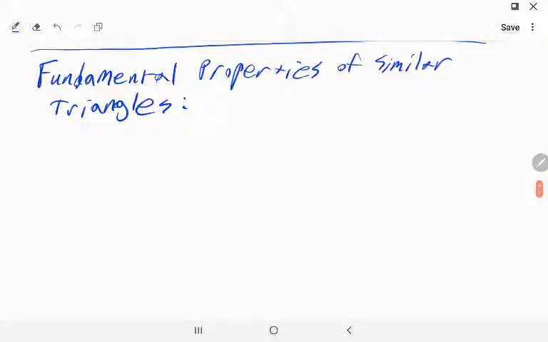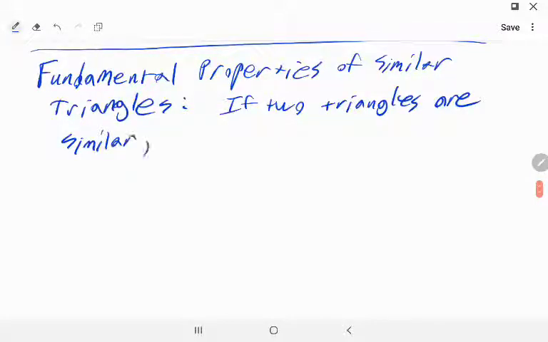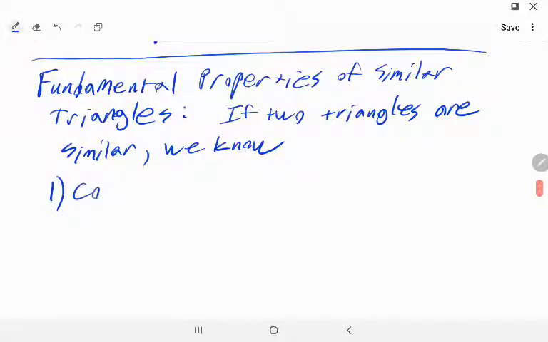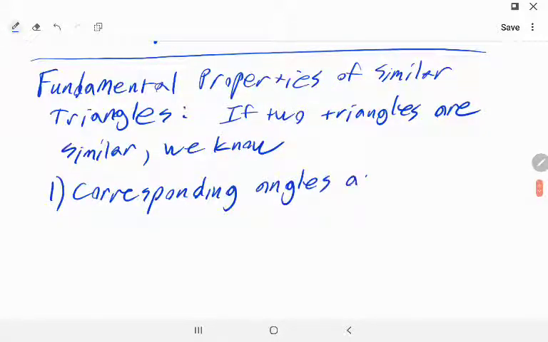If two triangles are similar, we know that one, corresponding angles are equal. Two, corresponding sides are all in the same proportion.